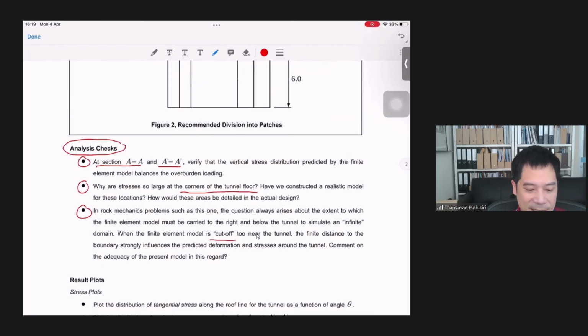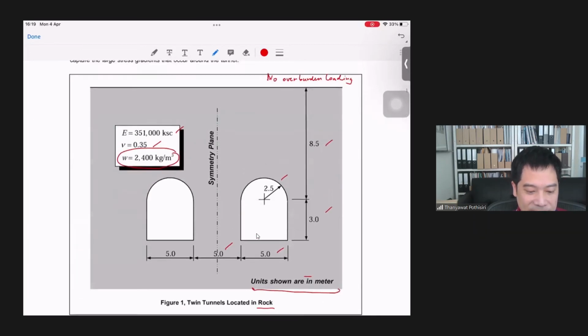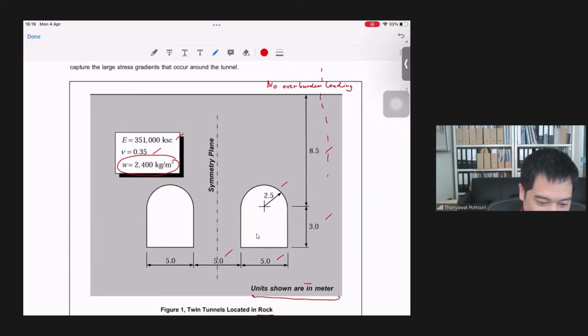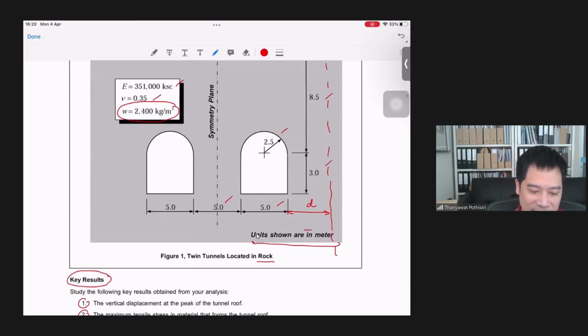The cutoff means the distance which you choose to include in your model. So you can cut off right here at this particular distance d. Okay, also in this direction right here, this is d1. You can also choose another cutoff location here.